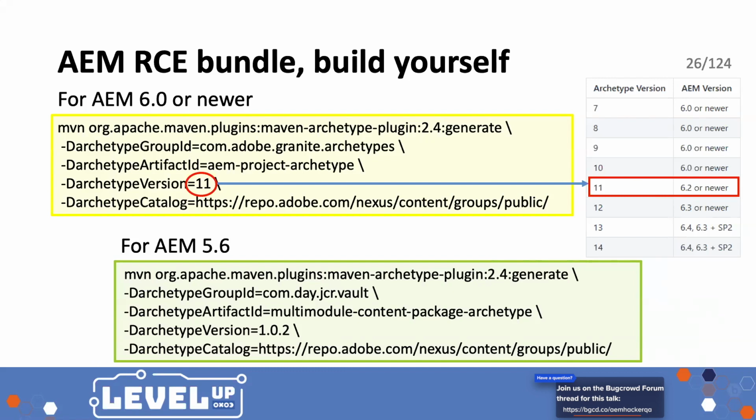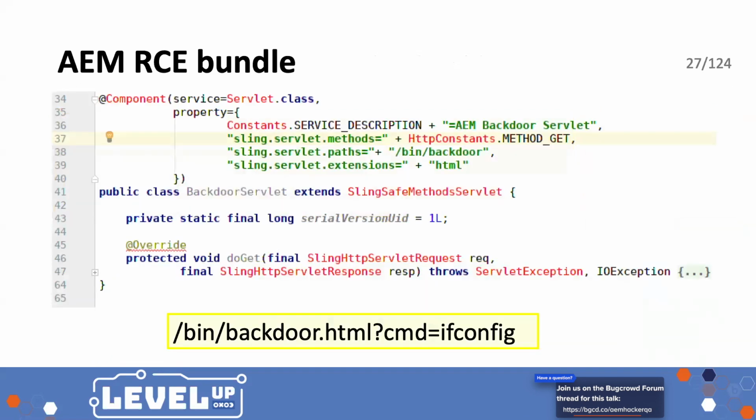For all other AEM versions, you have one command line. You should select the archetype version correctly from the table presented on the slide. The bundle includes a Sling servlet on path /bin/backdoor.html. The servlet has parameter CMD that accepts a shell command to execute.